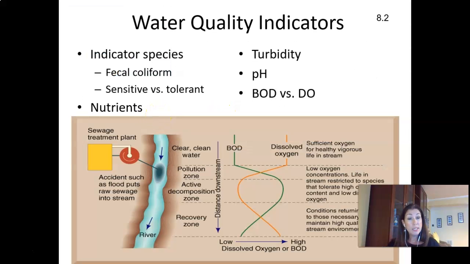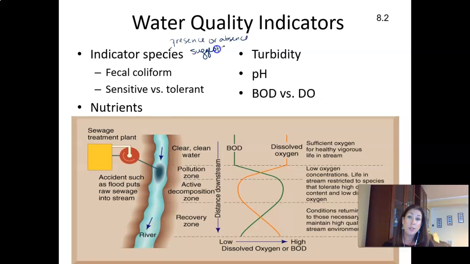Now, our water quality indicators are some of the things that we take a look at to see how good our water quality is. One of them that we look at is indicator species. For indicator species, what we're taking a look at is animals or plants whose presence or absence will suggest a certain level of water quality.